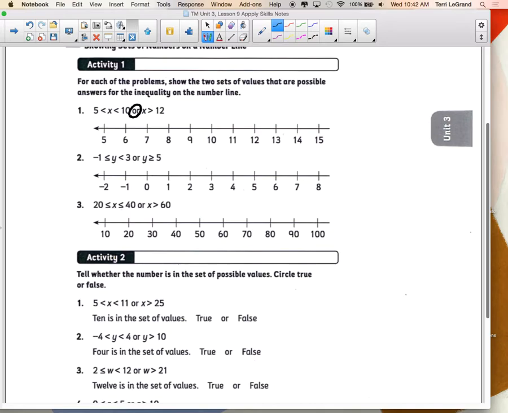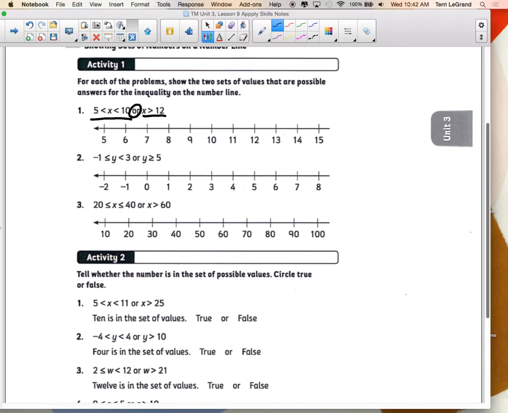And within this compound inequality, we have this one right here, which itself is a compound AND inequality. This one we would call a simple inequality. So we have all kinds of things going on here. We actually have 3 endpoints. So we're going to just deal with one of them at a time.